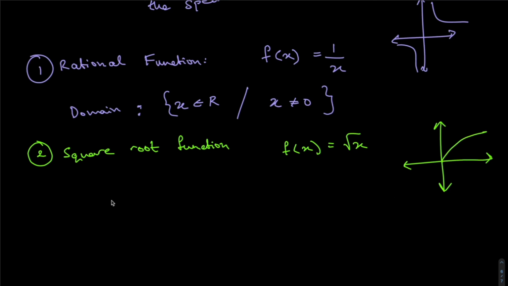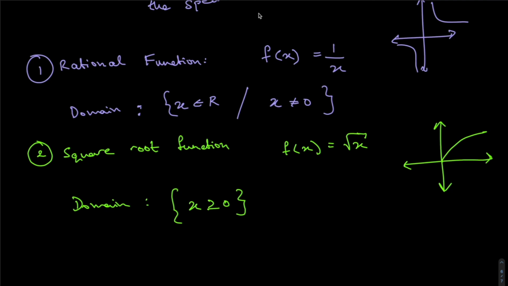So the domain here has to be that x is greater than or equal to 0. It can't have any negative numbers, because the square root of a negative number results in complex numbers, like we discussed before in the complex numbers chapter. We're only talking about real numbers here, so we're not talking about imaginary numbers.